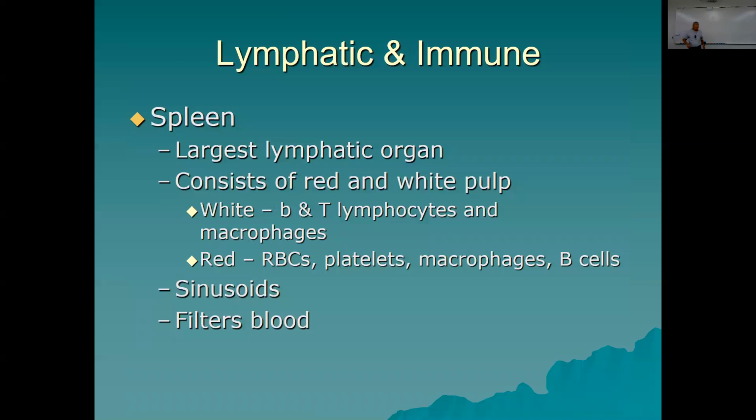So the spleen is the largest lymphatic organ. It consists of red and white pulp, and it really has two jobs. One, it filters both lymph and blood, and the white pulp is B and T lymphocytes and macrophages, very similar to a big lymph node.